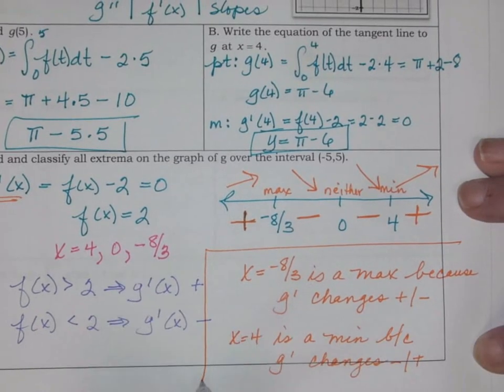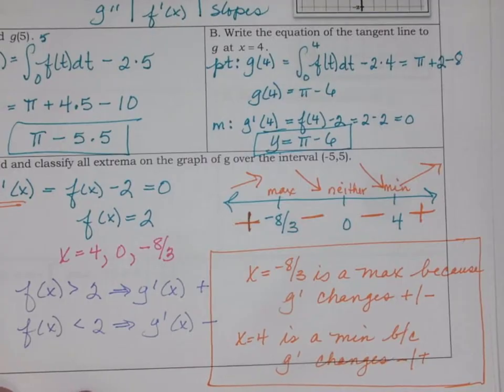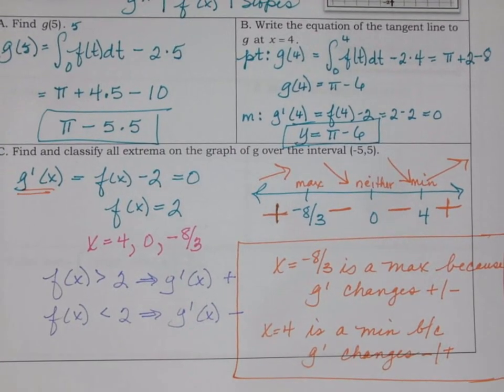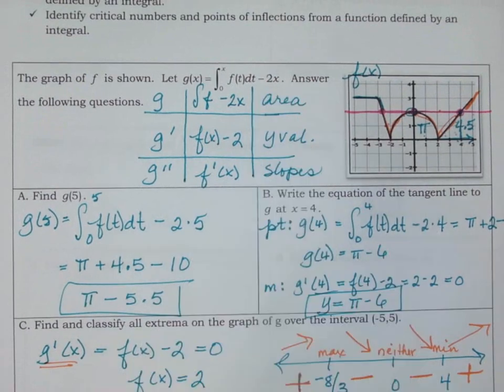So it's just a little bit more detail oriented, a little bit trickier when it comes to finding those critical values because you have another piece thrown in with the equation.